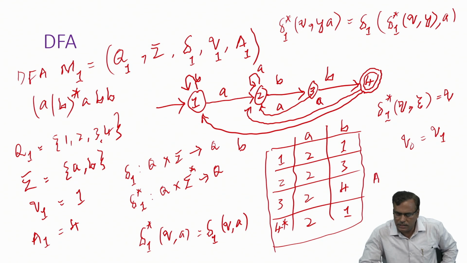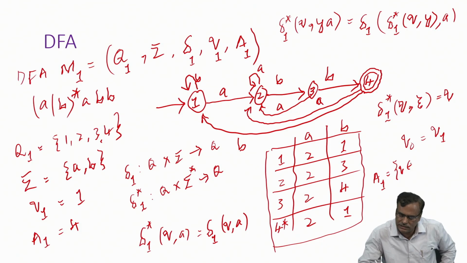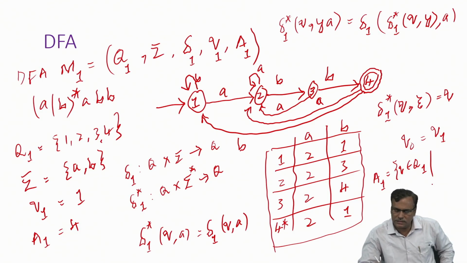That is, A1 is some state, say small q, belonging to this set of states, say Q1, such that Q intersection A is not equal to phi, that is, it should not be empty.